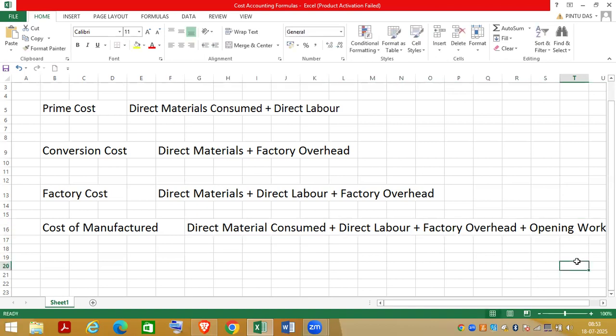So with a combination of all this, you will be able to understand the cost of goods manufactured.